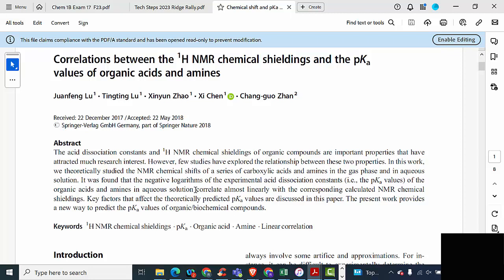It was found that the negative logarithms of the experimental acid dissociation constants, i.e. the pKa values, of the organic acids and the amines in aqueous solution correlate almost linearly with the corresponding calculated NMR chemical shieldings. Key factors that affect the theoretically predicted pKa values are discussed in this paper. The present work provides a new way to predict pKa values of organic and biochemical compounds.